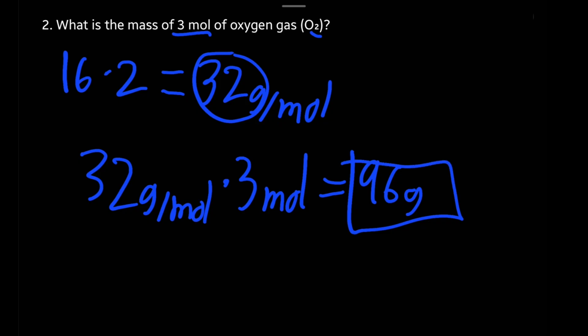Simple as that. If you are given the mole, you may convert it into grams, and when you're given the grams, you may be able to convert it into moles.